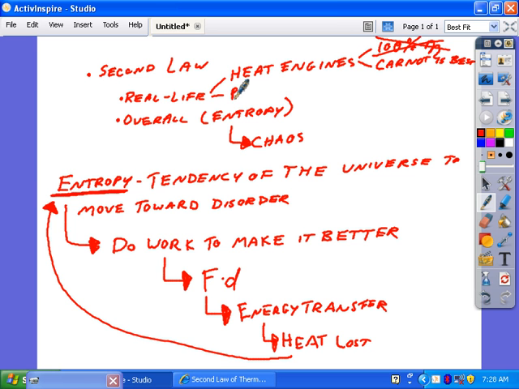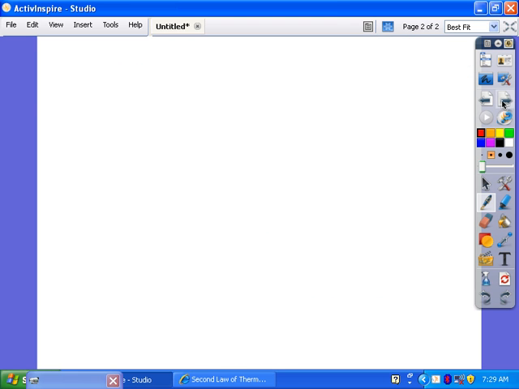And then through refrigeration, there's nothing perfect. All right, now let's look at the overall situation here and compare it to these real life ones. All right, the chaos has to increase in any of these situations. Now let's look at that heat engine situation.